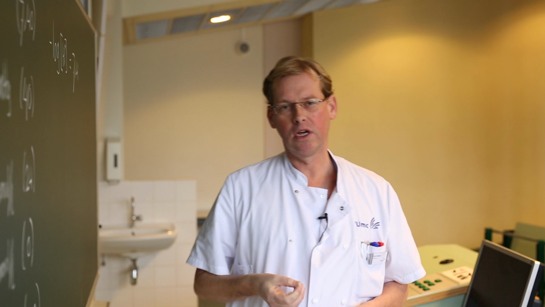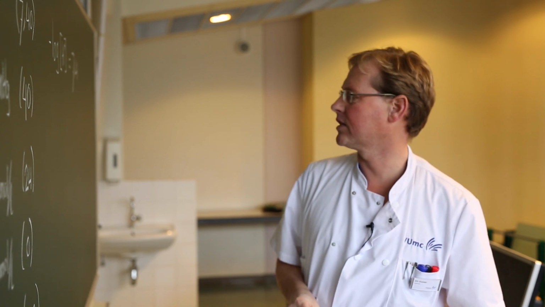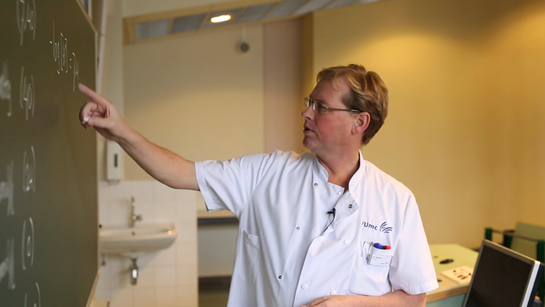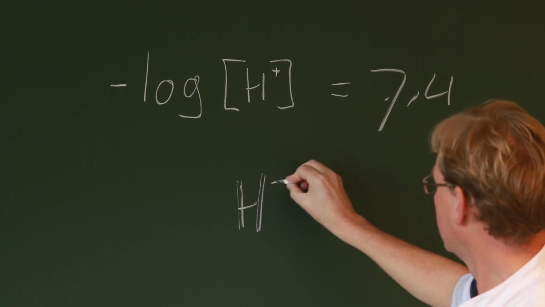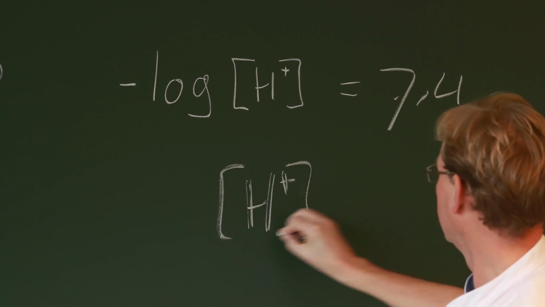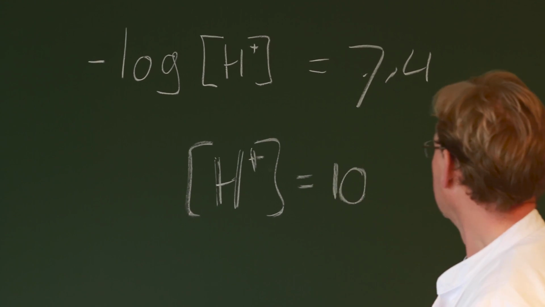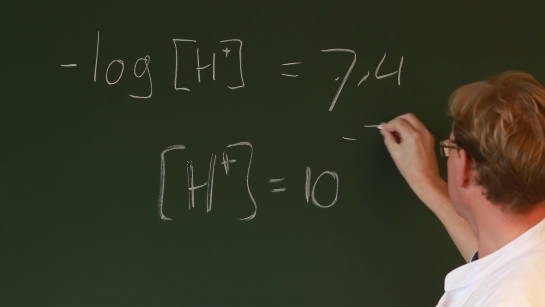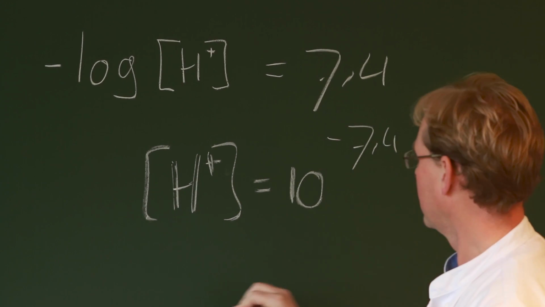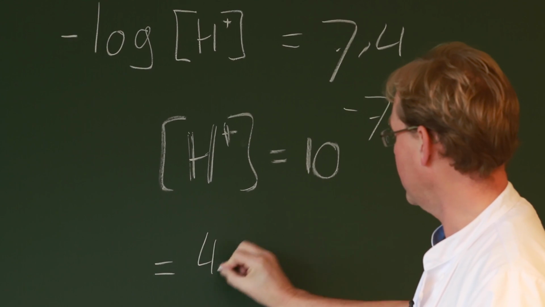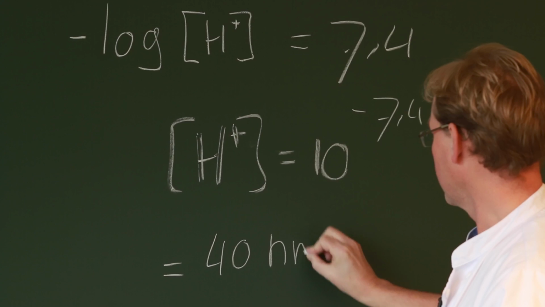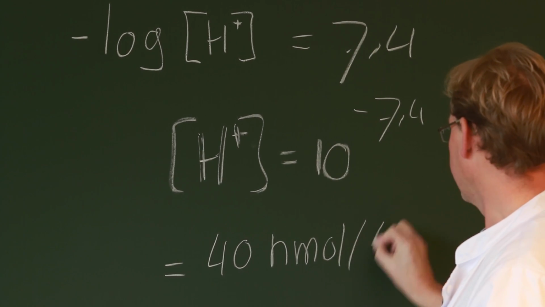And for those who remember arithmetic from high school, this should equal 10 raised to the power of minus 7.4, which is the same as 40 nanomoles per liter.